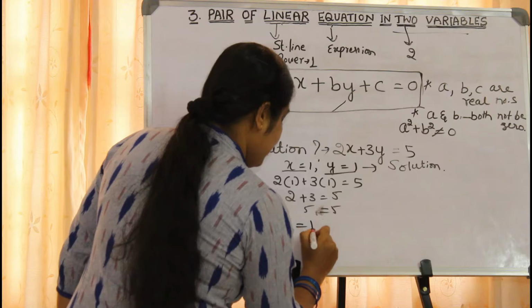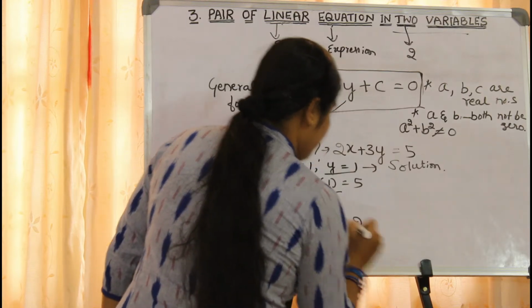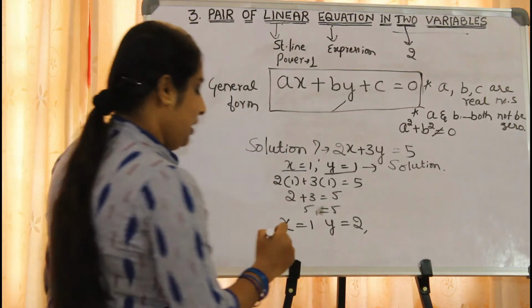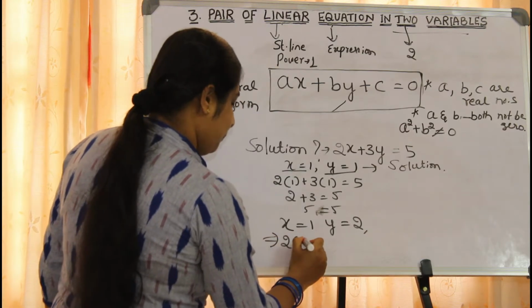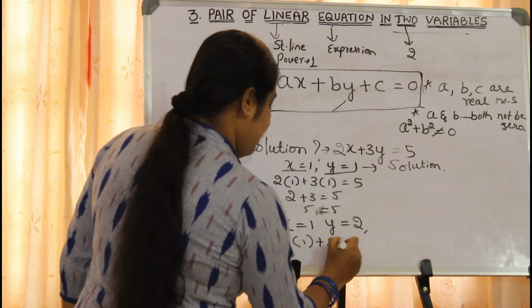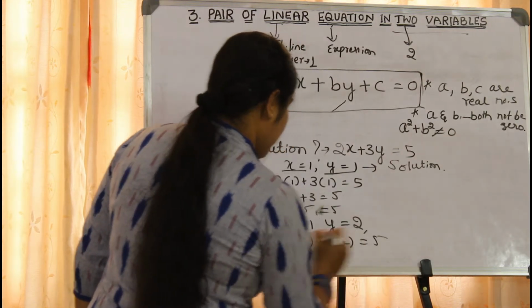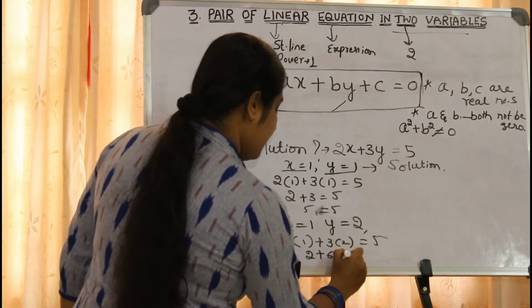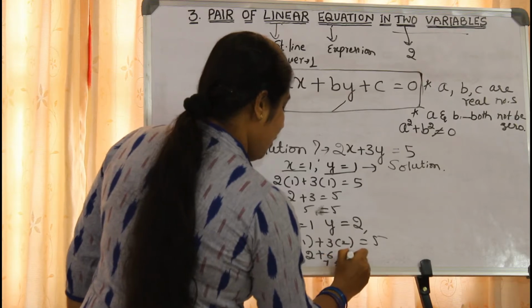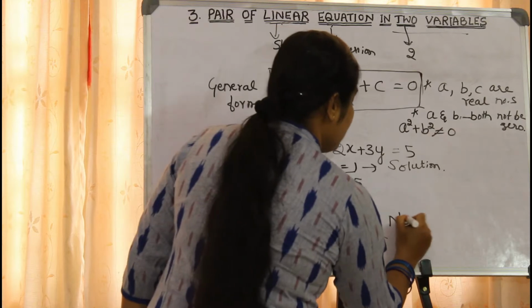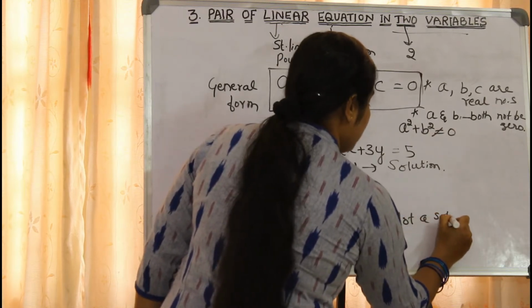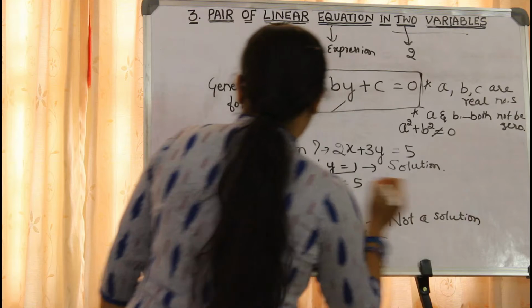So let us check with one more value. Let us take x is equal to 1, y is equal to 2 and check whether this is a solution. Then the equation will become 2 into 1 plus 3 into 2 is equal to 5. So 2 plus 6 is 8, which is not equal to 5. So this one is not a solution. So which is a solution?